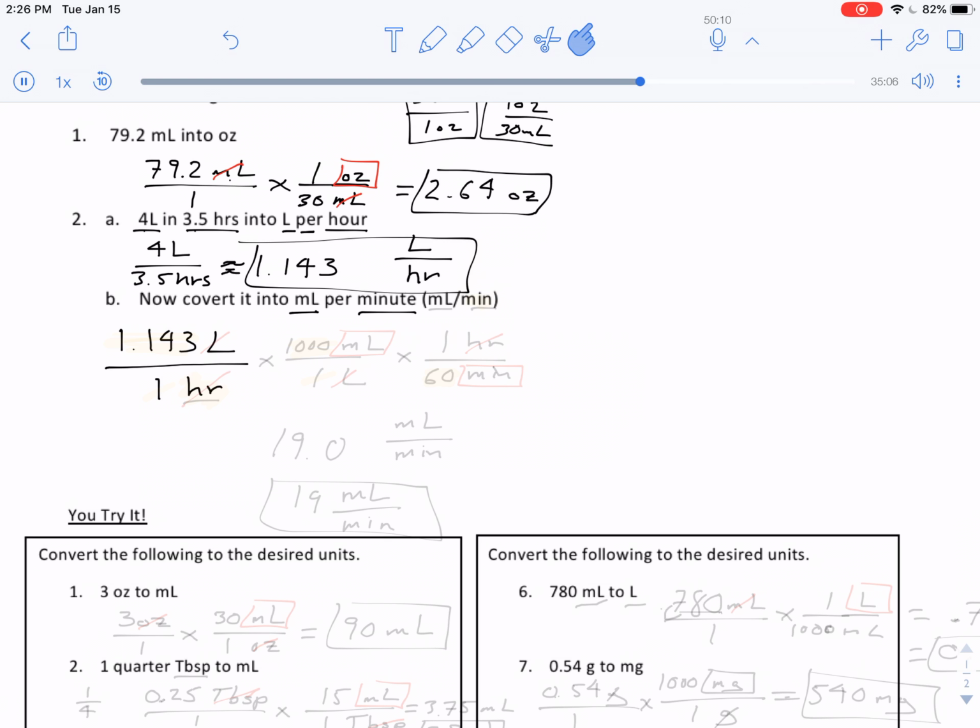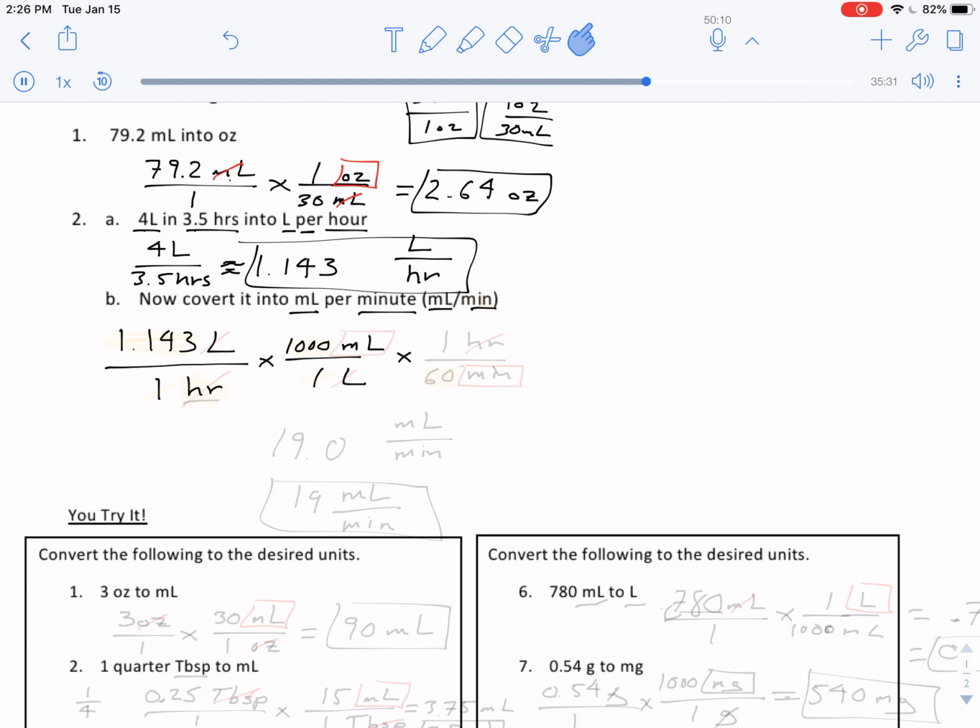So one thing I need to do is convert the liters into milliliters. I need to cancel out the liters, and I want milliliters left in the top because that's what I want. So how many milliliters are in a liter? 1,000 milliliters per 1 liter. So this would be the side of the card we'd want to use.